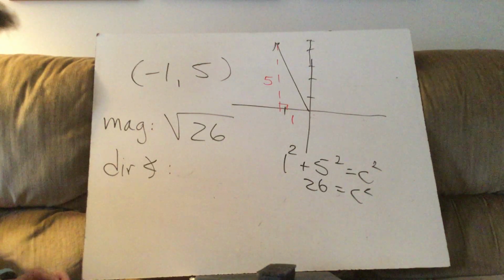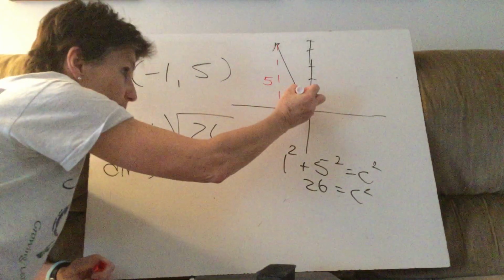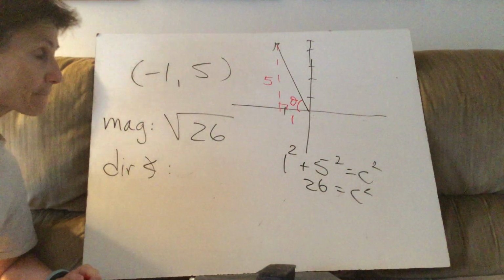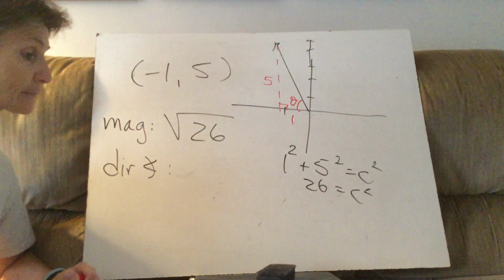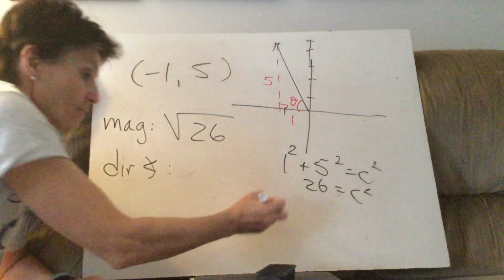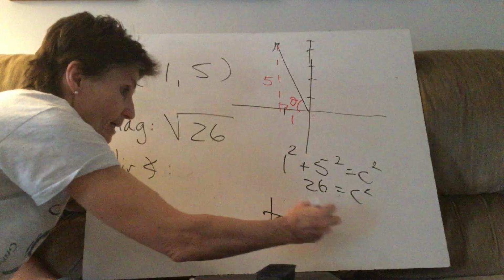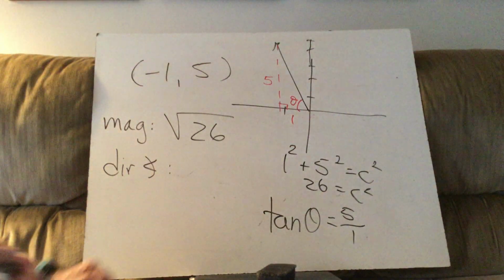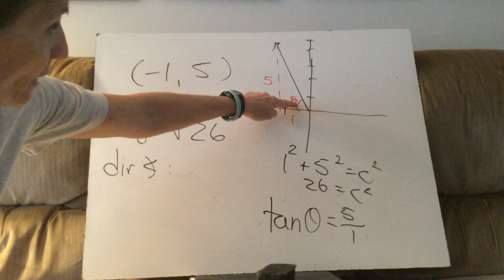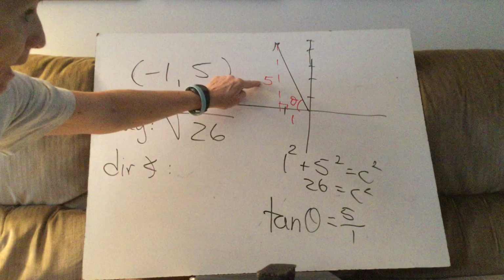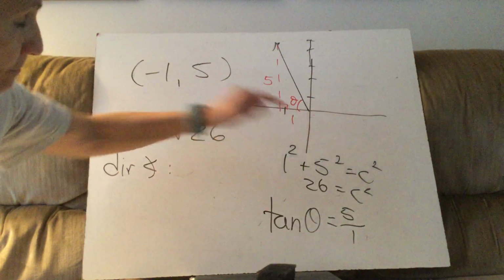Well, here's theta, right there. Isn't it true that the tangent of theta equals 5 over 1? The tangent of that angle right there equals 5 over 1, opposite over adjacent.